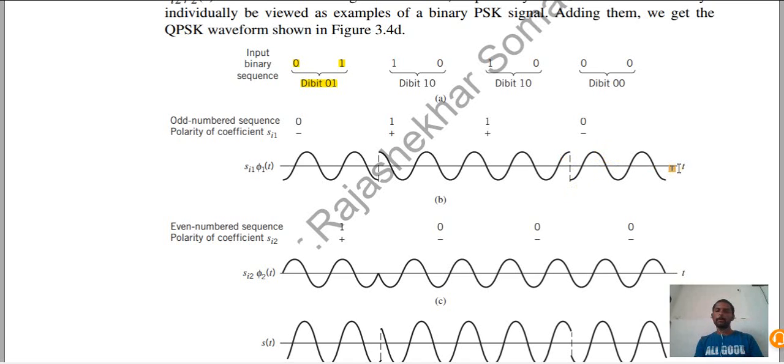This is the odd number. Similarly, the even number has an opposite phase. Otherwise, just follow table 3.1 and you will understand this.